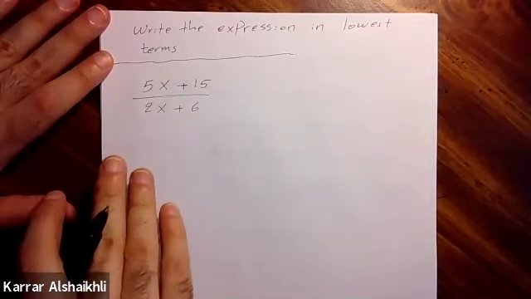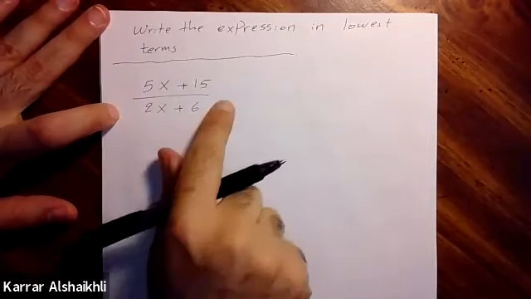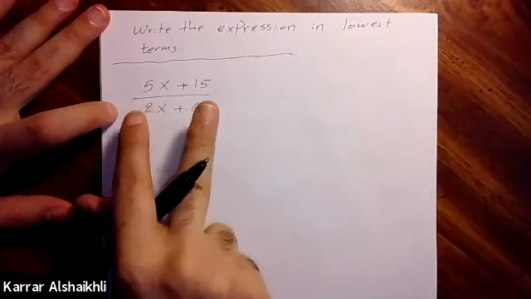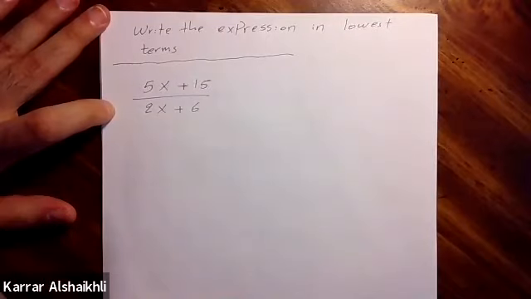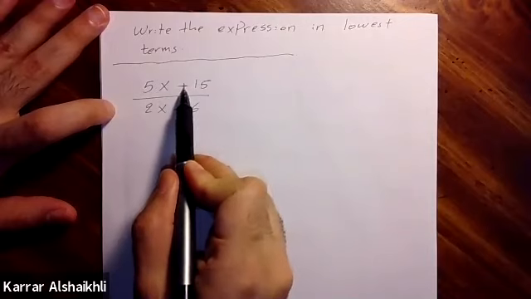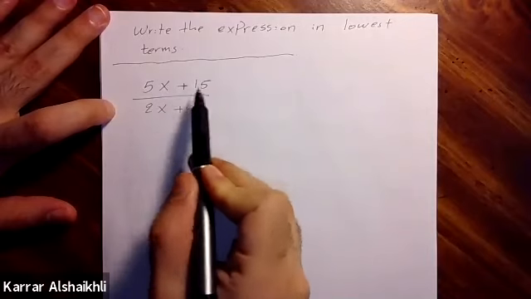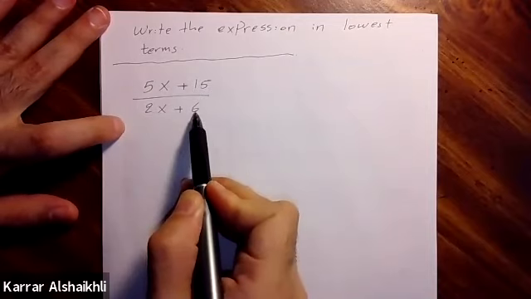So when they ask you to write down the expression in lowest term, here is my expression. I need to simplify this one. Here's the main thing. Be careful. You have a plus between this term and this one, and you have a plus between this term and this one.